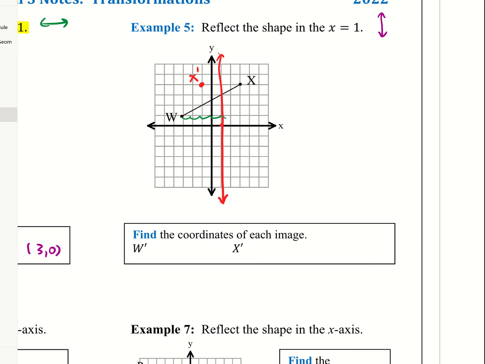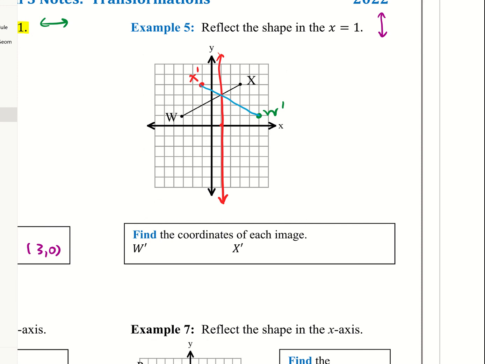So I'm going to make W prime 4 units away to the right. And then I will connect these points. X prime, W prime should look like the original segment, just flipped over. Sorry, trouble drawing.